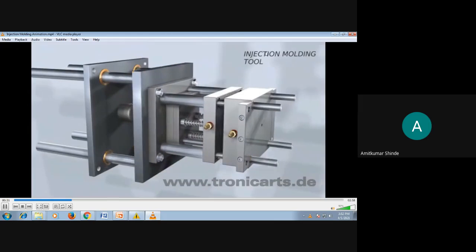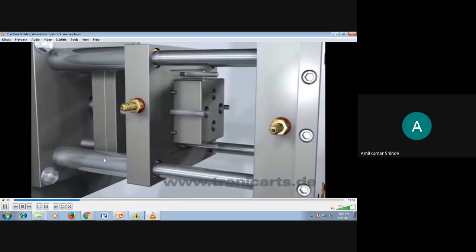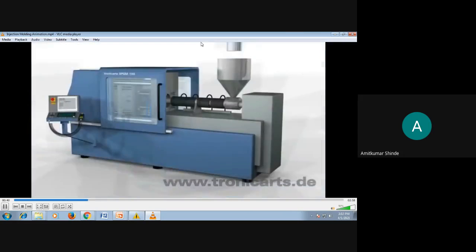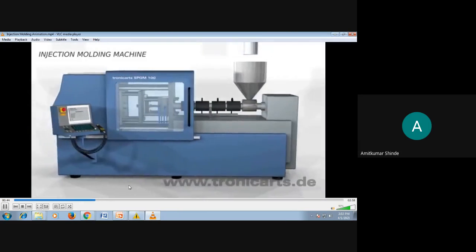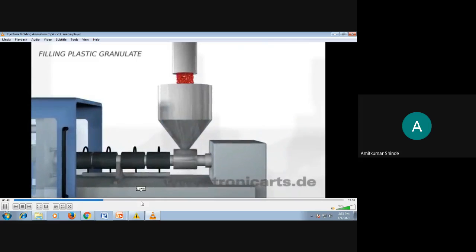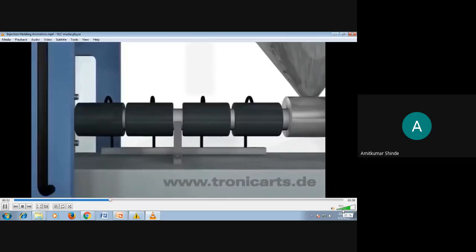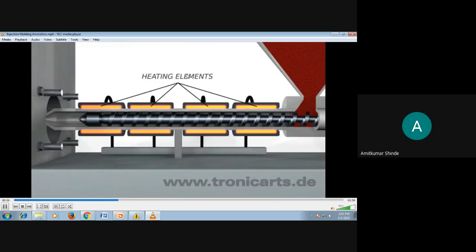You can read the names here. This is the injection molding tools. This is the total injection molding machine. Okay, these are the heating elements.